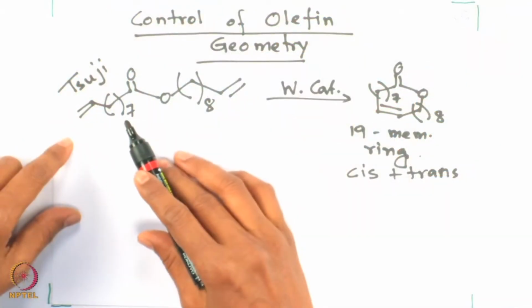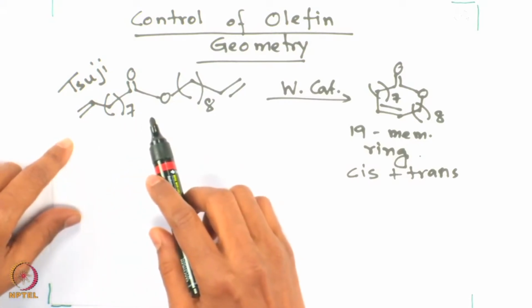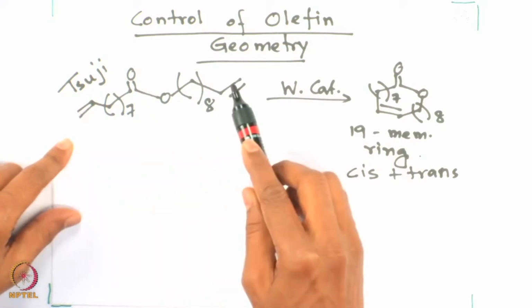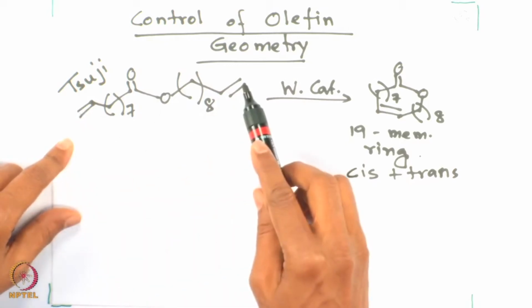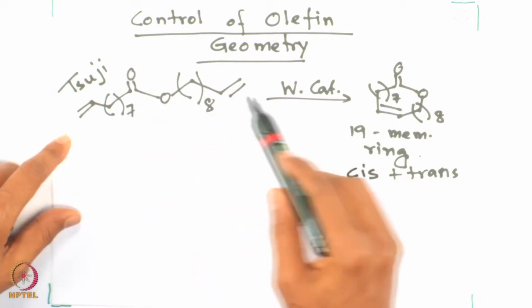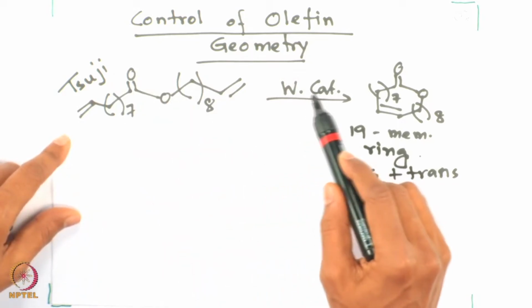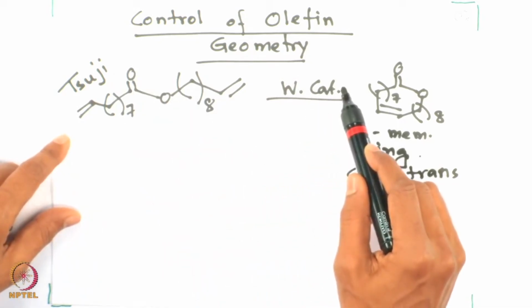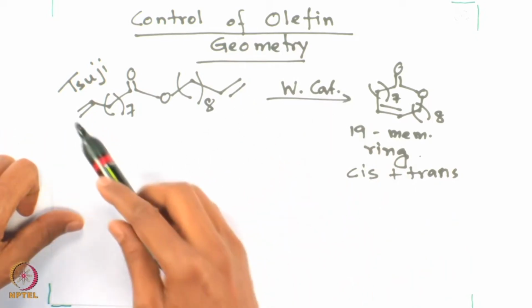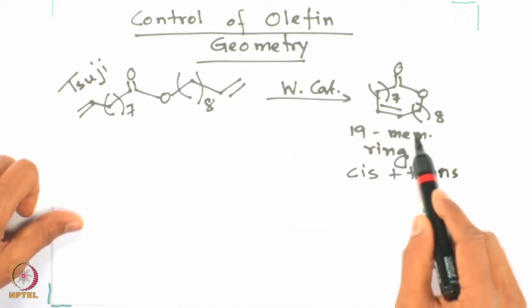Let us look at one of those examples. This is reported by Tsuji. We see that the 2 olefins are on the terminal positions, interlinked by an ester. In the presence of a tungsten catalyst, we have the ring closing metathesis in progress.